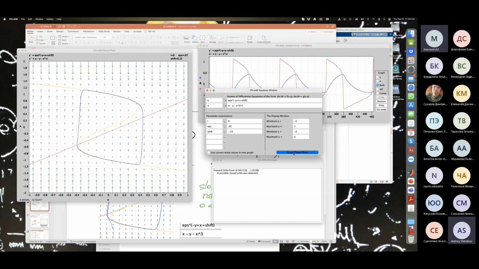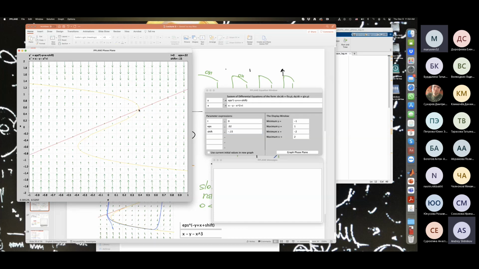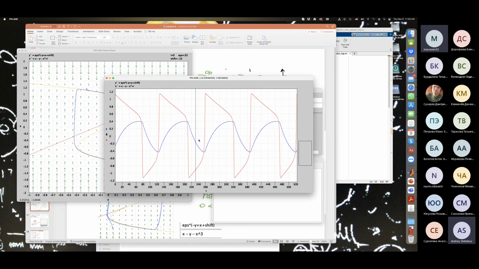Graph it. No surprise that the red line moved up. But still I have oscillations, because I haven't got the stable equilibrium state yet, so I click on graph, plot this in time, do it again. And as you can see, this time the spike is even thicker than the recovery period.